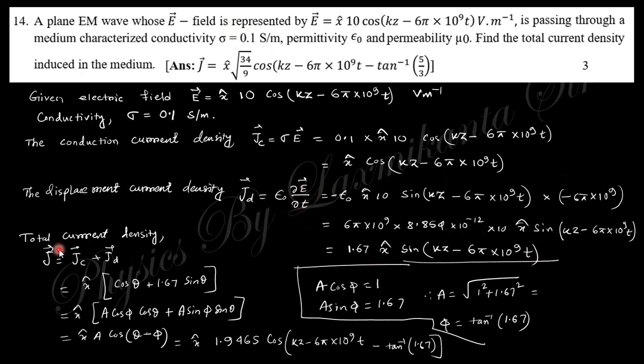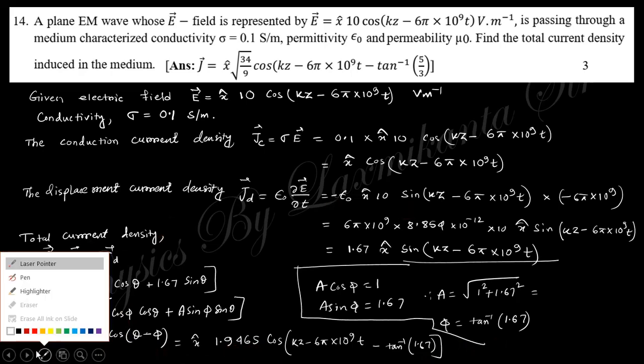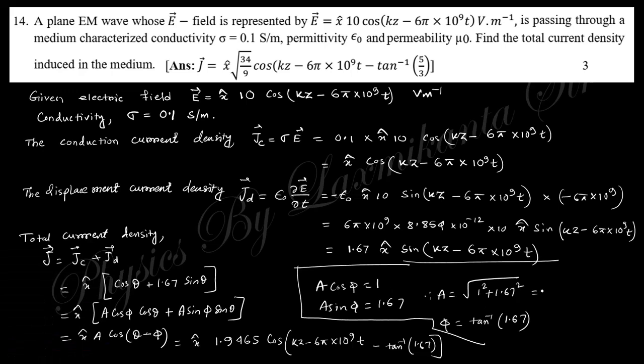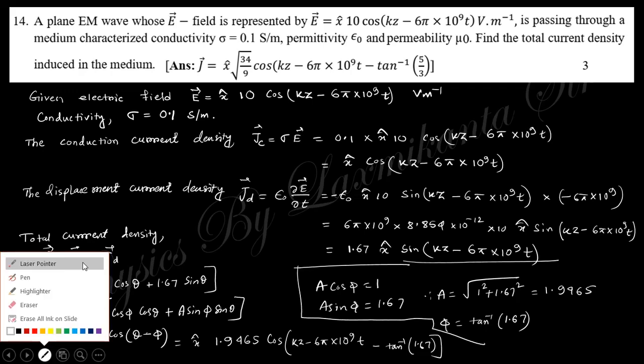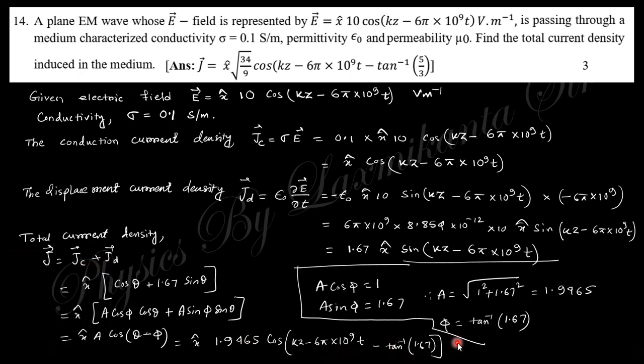So the total current is the summation of these. I take this cos part as a cos phi and this 1.67 as a sin phi. We will obtain the values of a and phi. So this a value is 1.9465, like that. So you will obtain an answer like this.